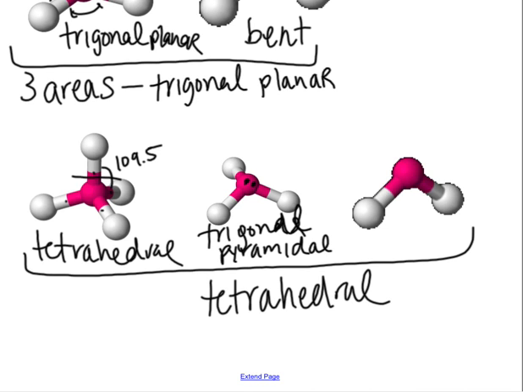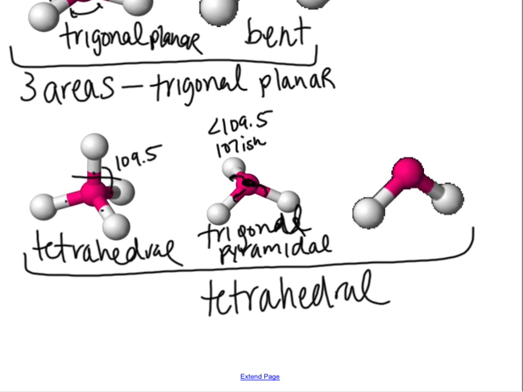So what did this lone pair do to our bond angles? It decreased it. So your official answer could be less than 109.5, but if you're curious, it's about 107-ish degrees. So that is 4 areas, 3 bonds, 1 lone pair.